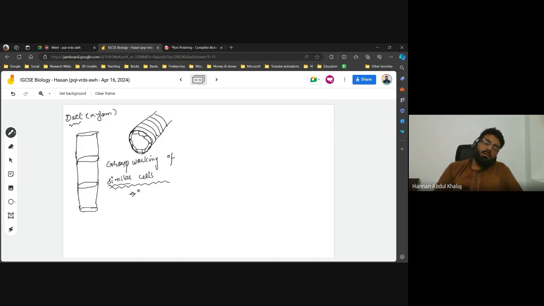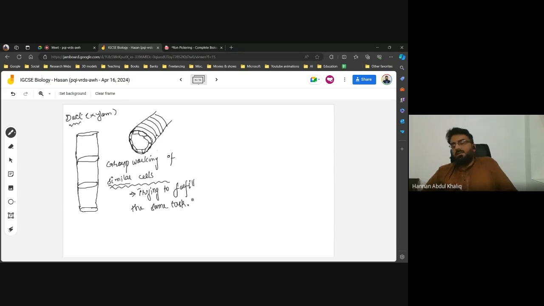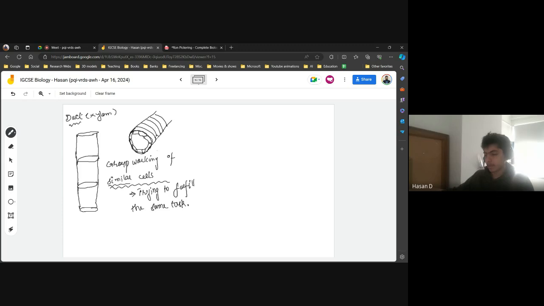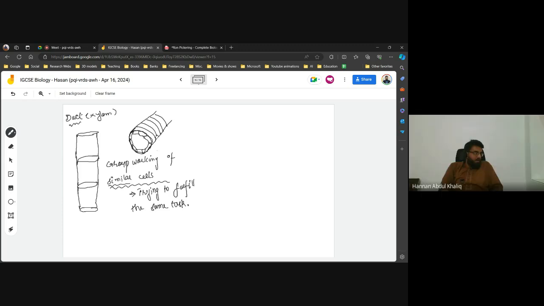Number two, they would be trying to achieve a similar task, to fulfill the same task. Just like, what do the xylem cells want to achieve? They want the water to go through, like a pipe. No, the main goal of xylem cells is to conduct the water against gravity.